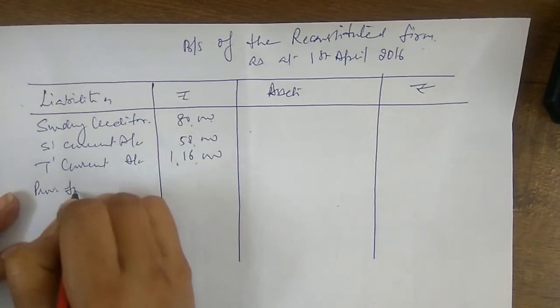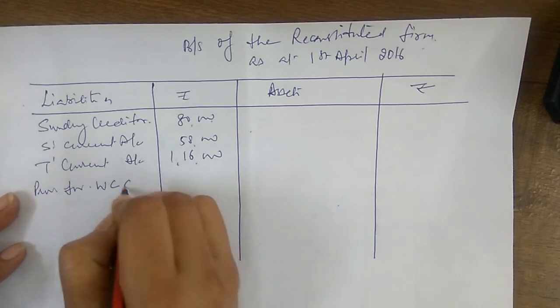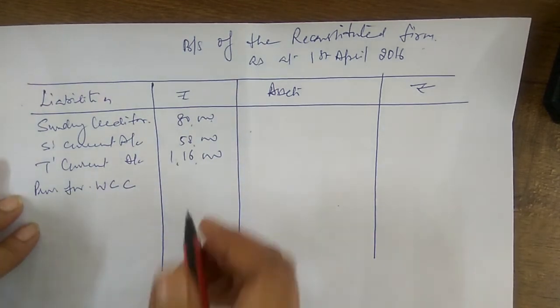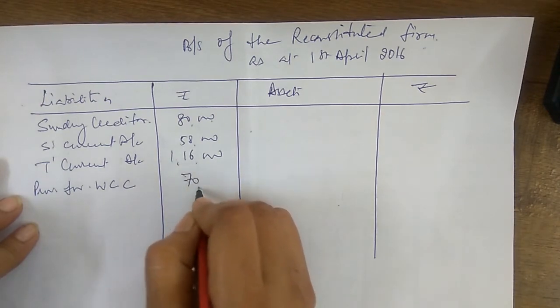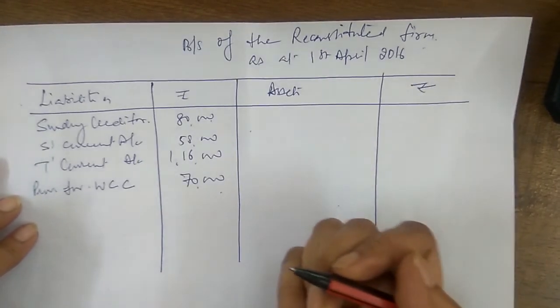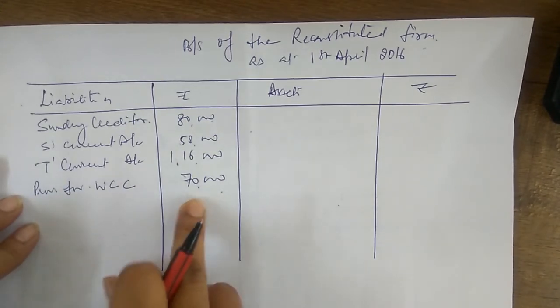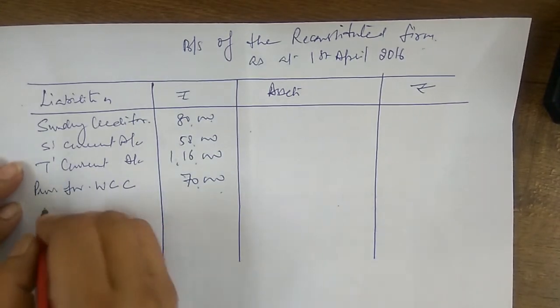Provision for workman compensation claim, VCC workman compensation claim, it is now 70,000. तो रिजर्व तो नहीं रहा, हमारी लाइबिलिटी बढ़ गई थी. जितना भी आपका क्लेम है that will be put on the liability side.